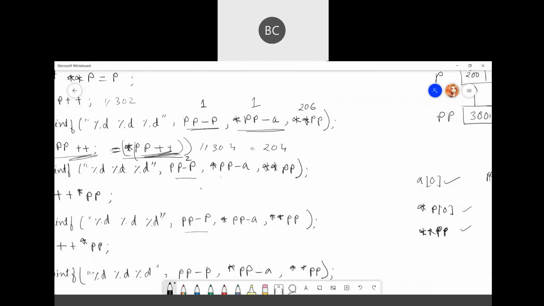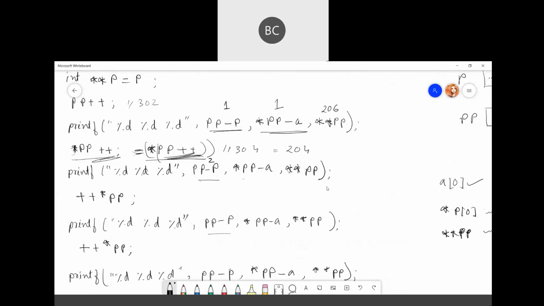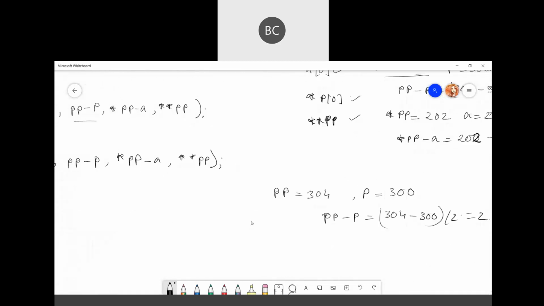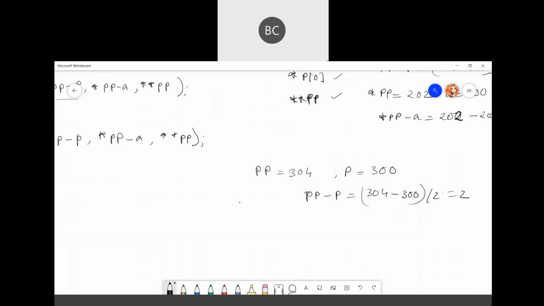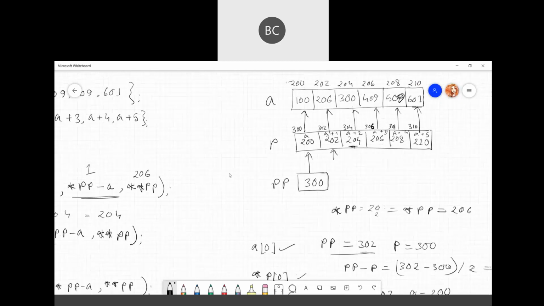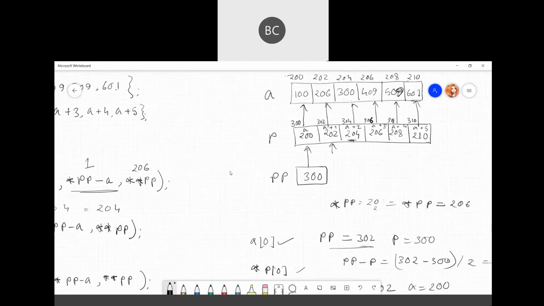Next, pointer PP minus A. What was the pointer PP here? Pointer PP we got 204. PP was 304, the pointer PP was 204, and A is 200.